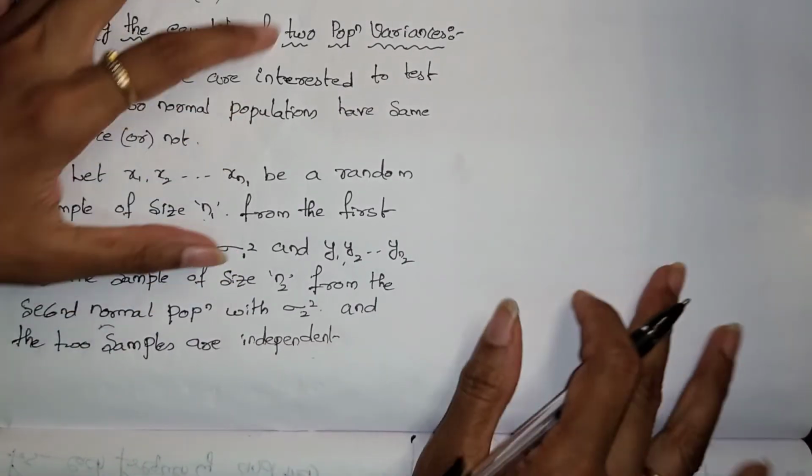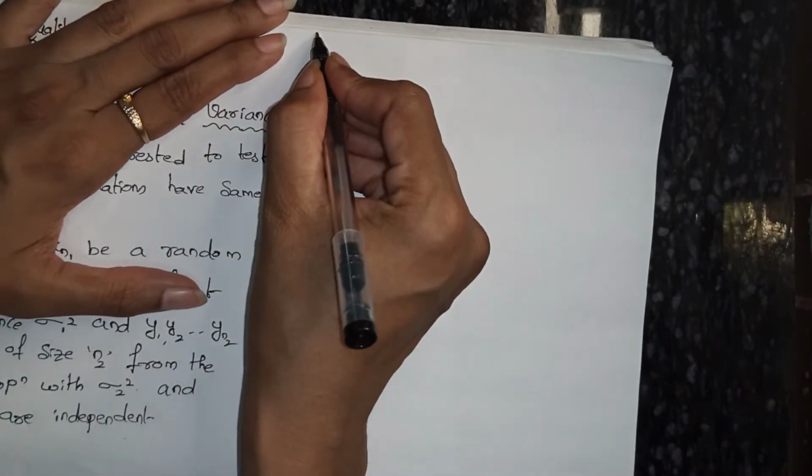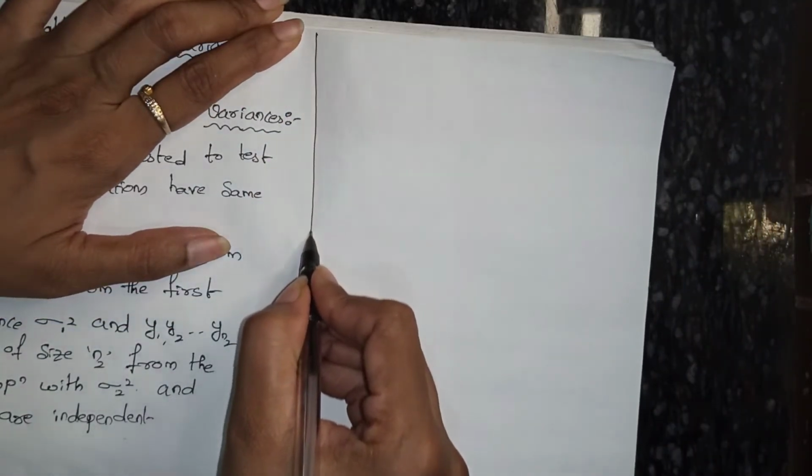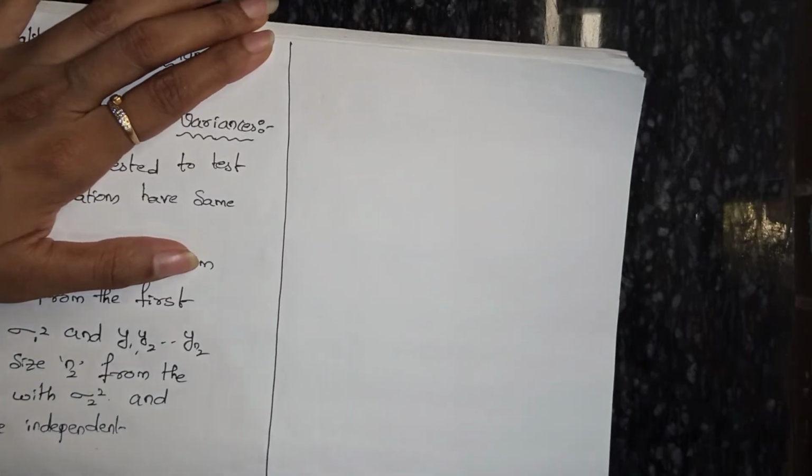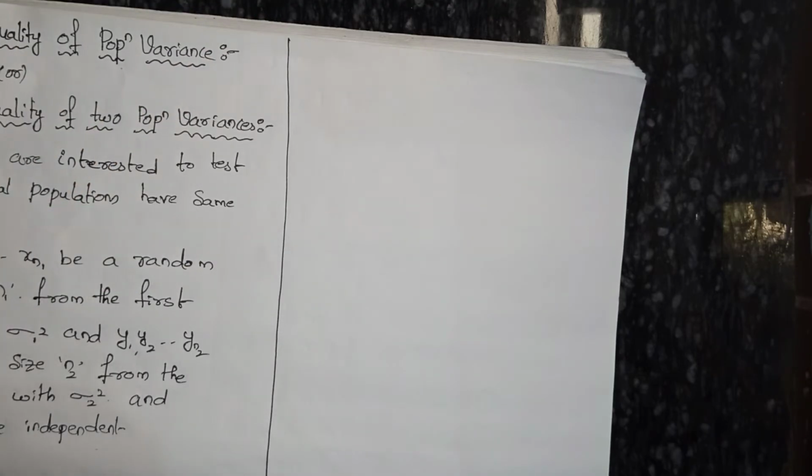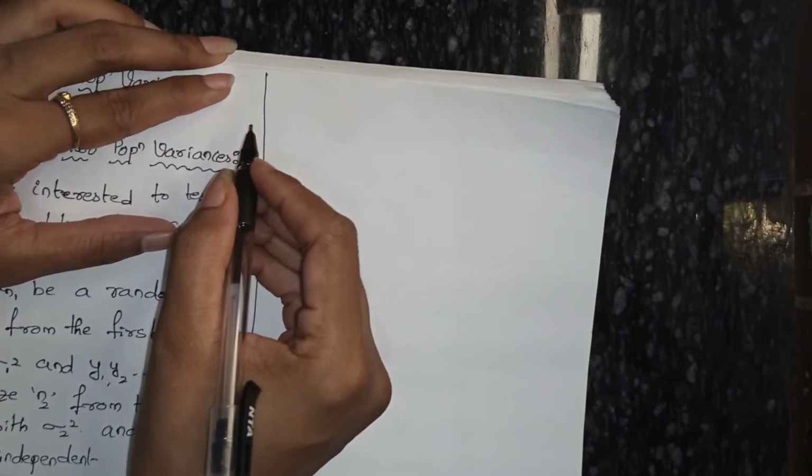Now if we want to test anything, we have to follow the hypothesis testing procedure: first set up the null hypothesis, alternative hypothesis, level of significance, then test statistic and conclusion. So we follow those 5 steps. The first step is the null hypothesis.